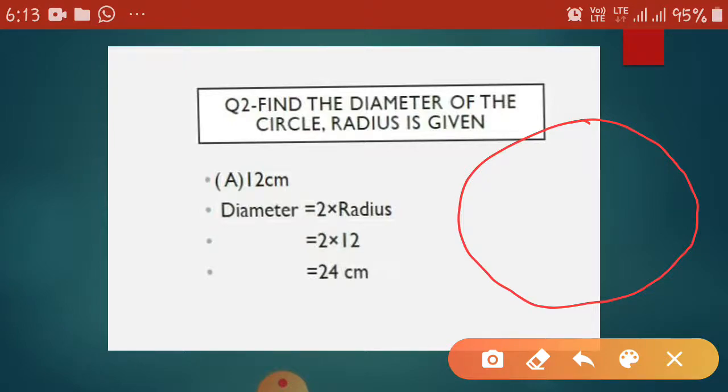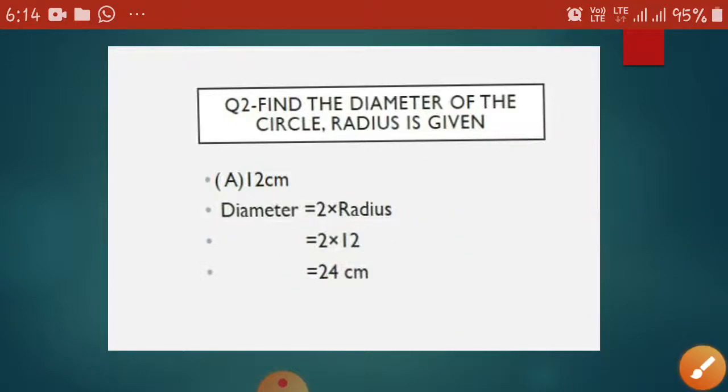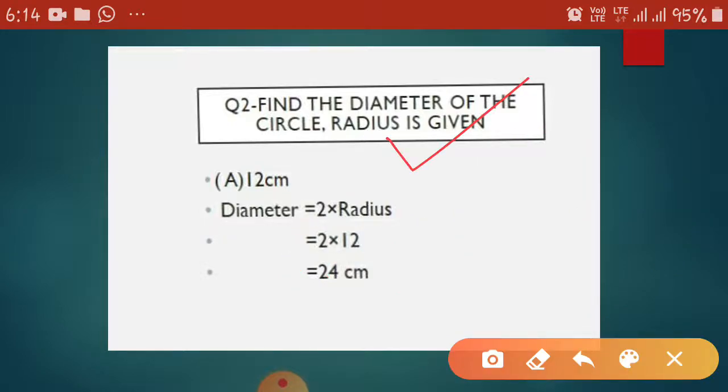Radius is 12 centimeter. Now we already read that diameter is 2 multiplied by radius. So 2 multiplied by 12 is equal to 24. That means the diameter of the circle is 24 centimeter.